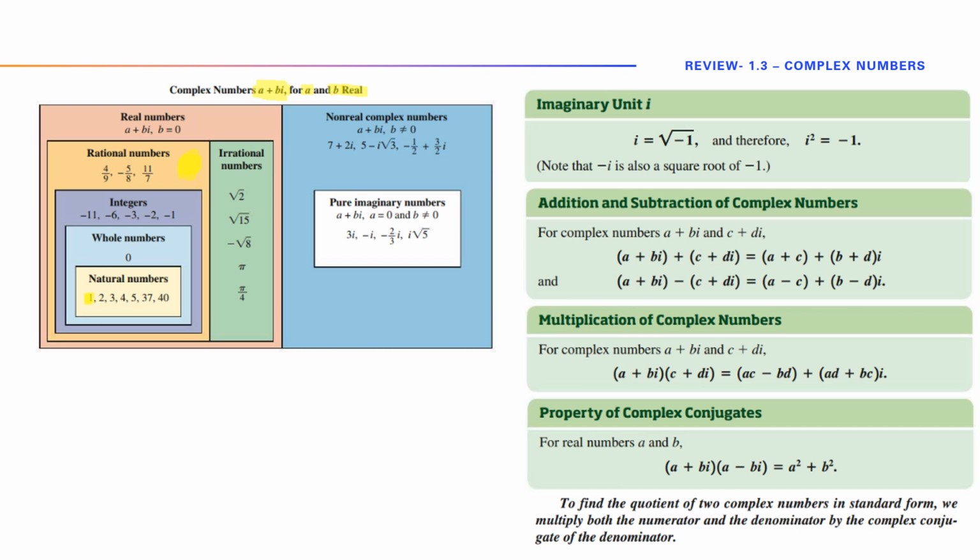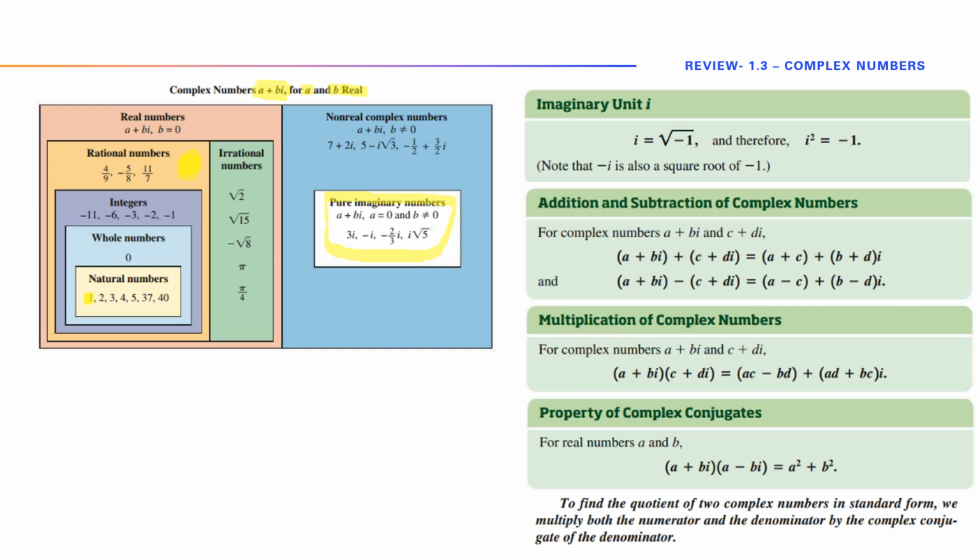In a similar way we have the pure imaginary numbers. They are right here, inside the non-real complex numbers. So any pure imaginary number is a non-real complex number, and also a complex number itself.